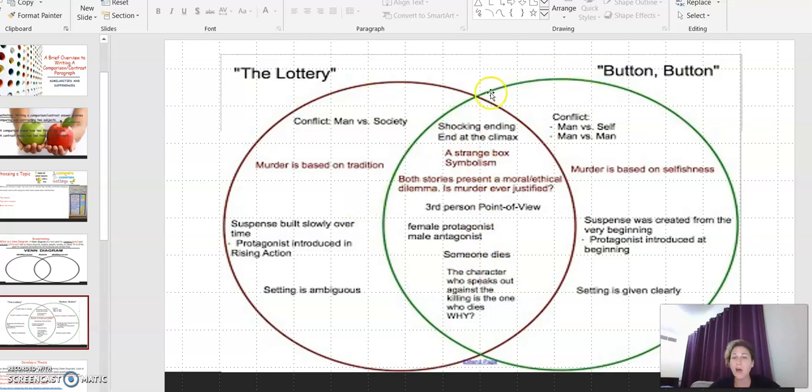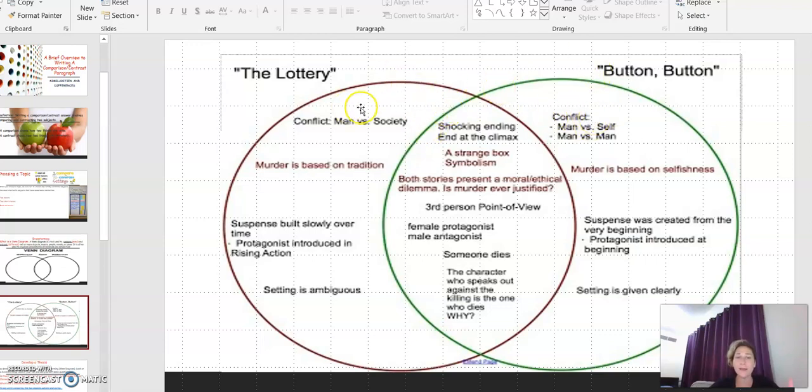So in both novels, you have this event taking place, the death of someone. You have a shocking ending. Both of them hold a shocking ending. Both stories present a moral or an ethical dilemma. Both of them use the third person point of view. So here are the similarities, what you can find in both.